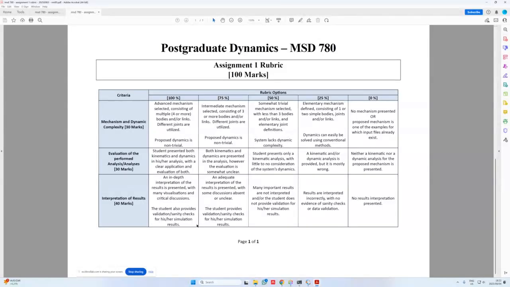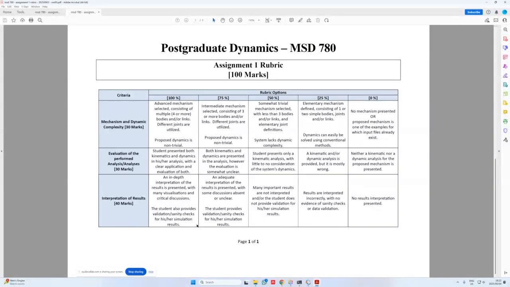For those of you who are interested in assignment 2 at this stage, assignment 2 will also require you to set up a multi-body mechanism, and you are more than welcome to use assignment 1's mechanism for assignment 2. But in the case of assignment 2, you're going to do some sort of an optimization on the system. So you're going to have to parameterize the problem, looking at, let's say, reconfigurability of your mechanism or just varying something or a few variables in your system.